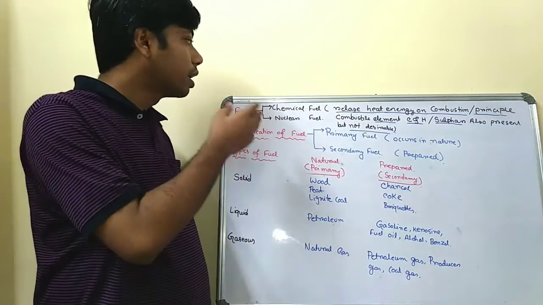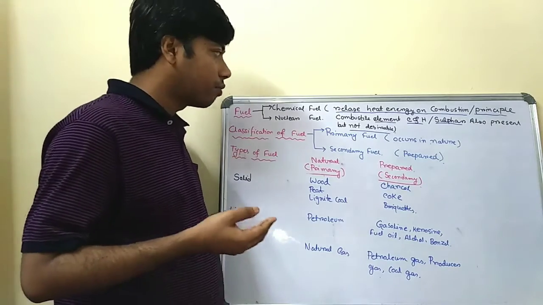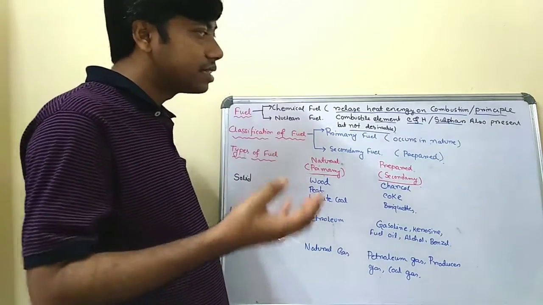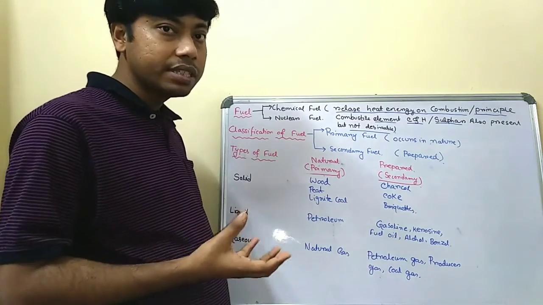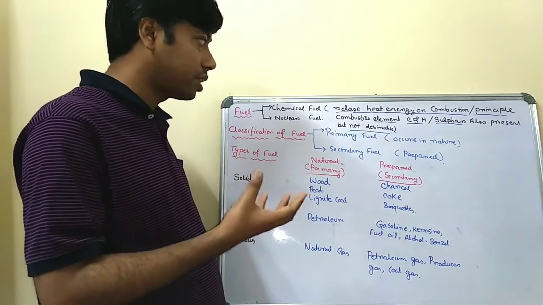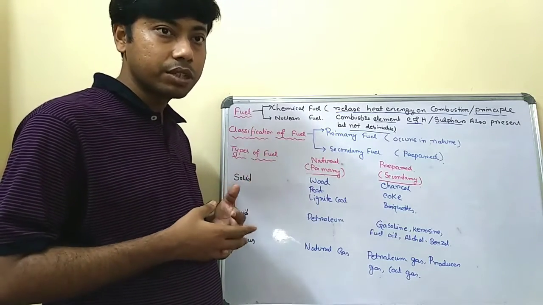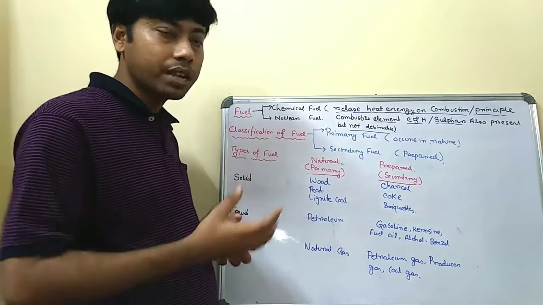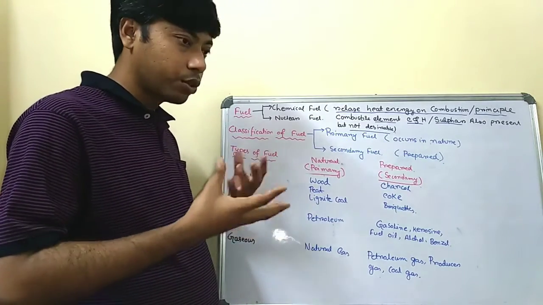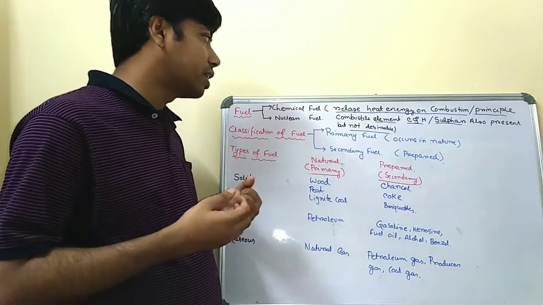Chemical fuel, as the name suggests, releases heat energy when combustion takes place, by means of a chemical reaction. When a chemical reaction takes place between fuel and other combustible matter in the presence of air, it produces some amount of energy. That type of fuel is chemical fuel.